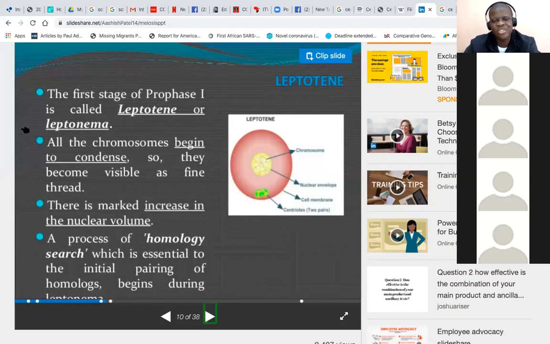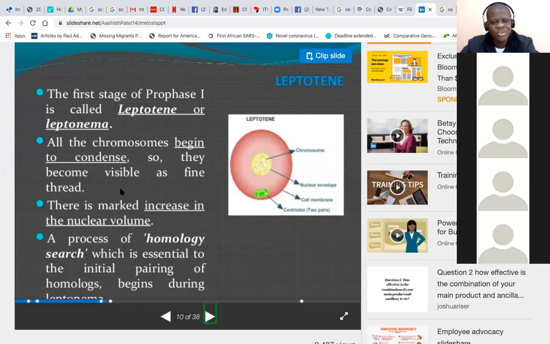Don't forget the chromosome is packaged in the nucleus. So if the chromosome is condensing, the nucleus is enlarging, which means the volume of the nucleus would also increase.